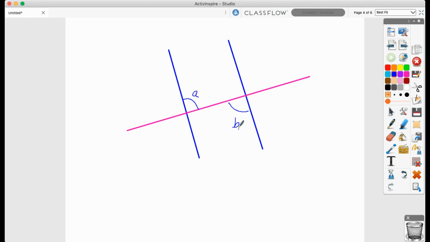So these two angles will be the same if they're in the interior of the parallel lines and on alternate sides of the transversal. So the relationship of those are alternate interior angles.